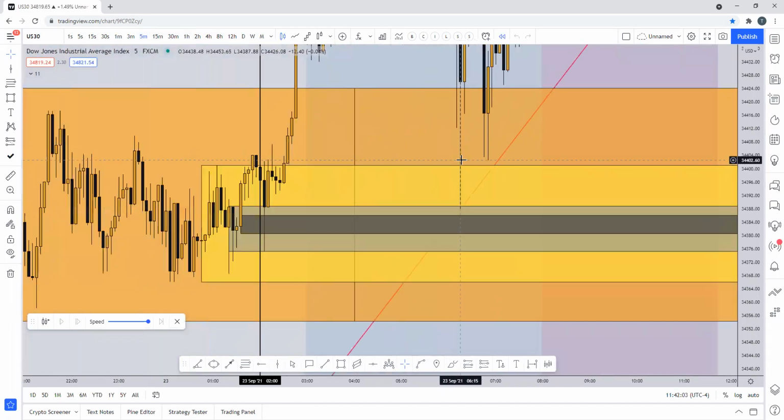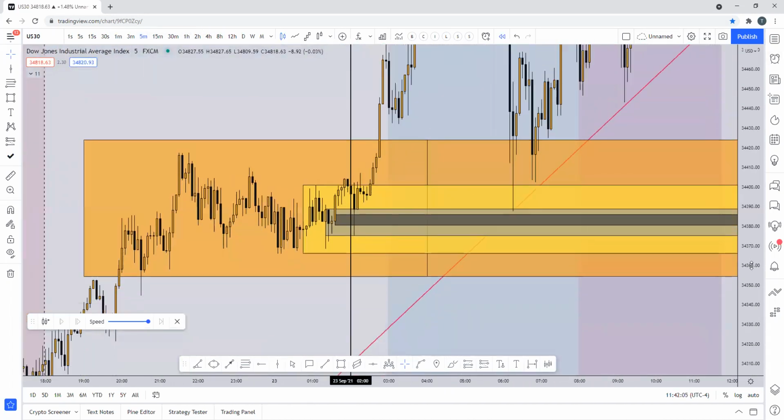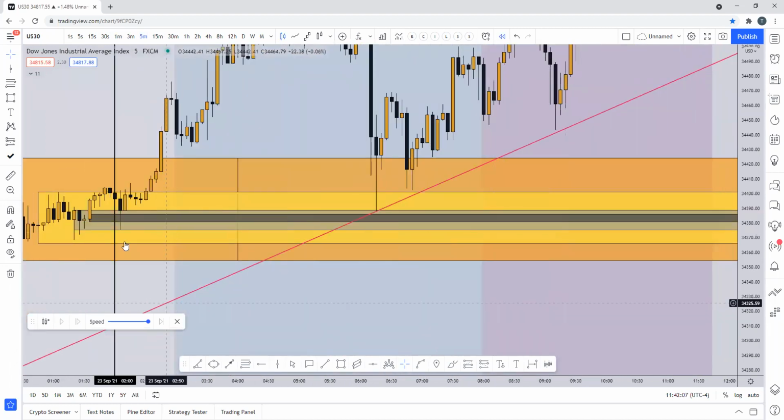All right. So let's bring this over. This is our line. We had price come into it once here, and then again right here on the line. So price stayed in those areas. I'll go to the 1 minute so you can see it a little better.